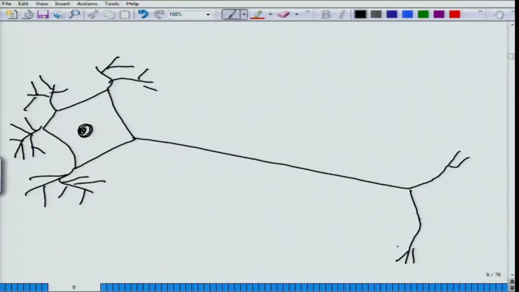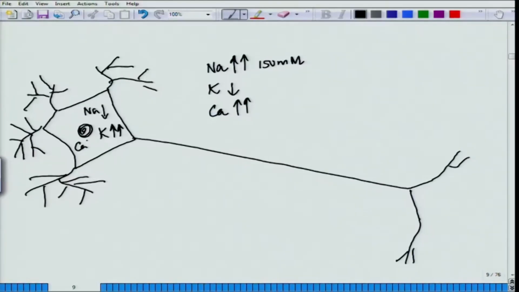These polarized structures, just like any other cell, have a very low sodium inside as compared to the sodium outside, which is almost 150 millimolar. They have a very high potassium. Calcium is slightly higher, because here calcium is being stored inside the sarcoplasmic reticulum.